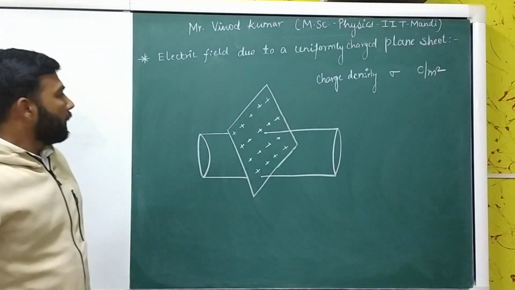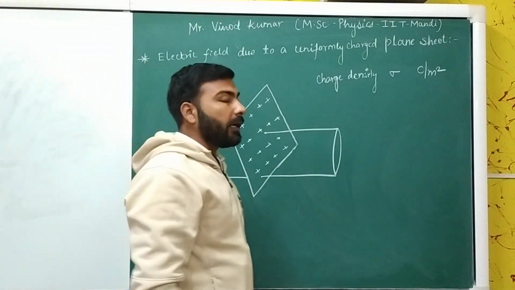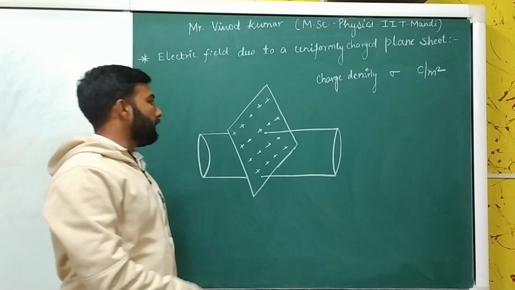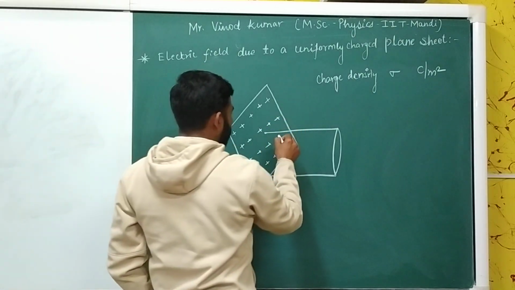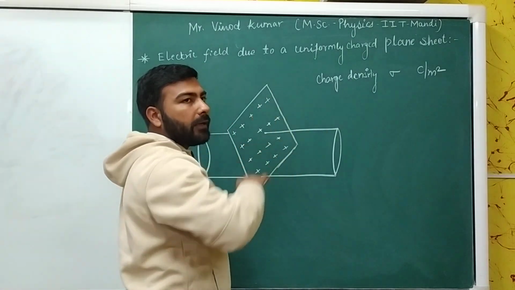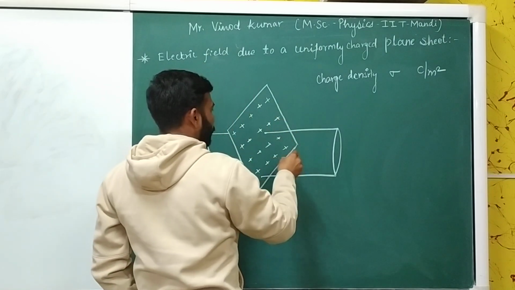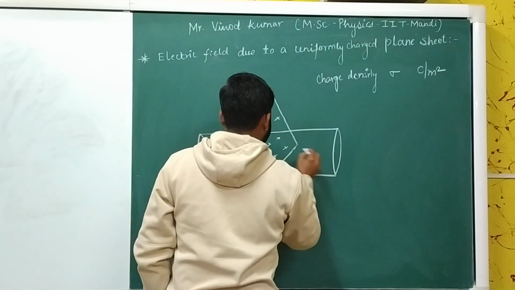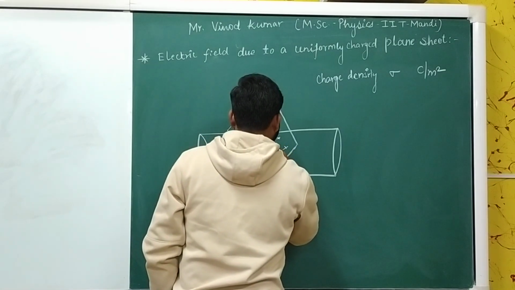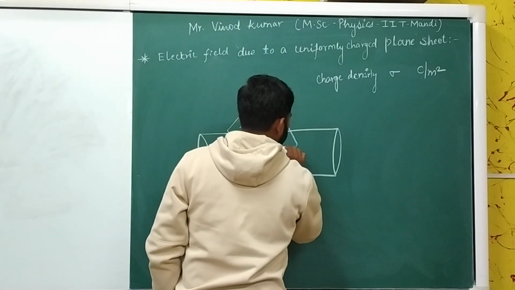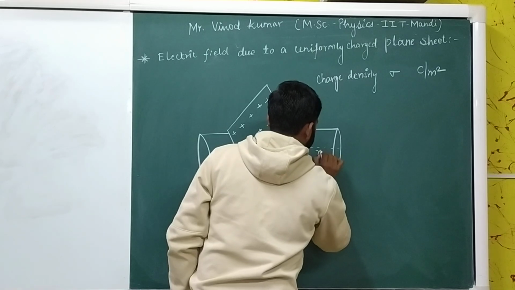This is the Gaussian surface which we have made here, and we are going to see the electric field due to this infinite plane sheet at a distance r. Let us say we make a point on the middle of this sheet, at a distance r.